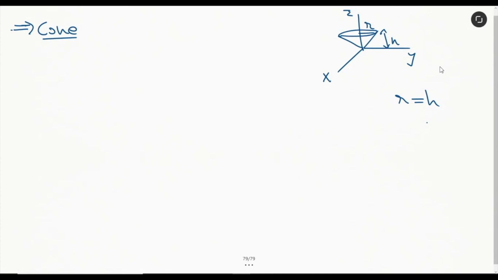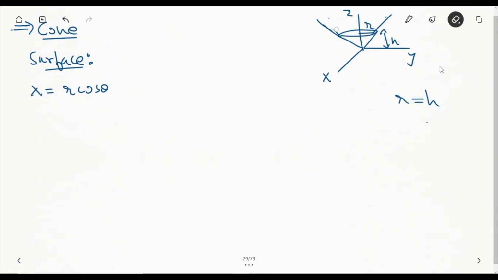So considering this, the parameters we can form for the surface is x is equal to r cos theta, very similar. So we are considering at any point the radius and height will be same.